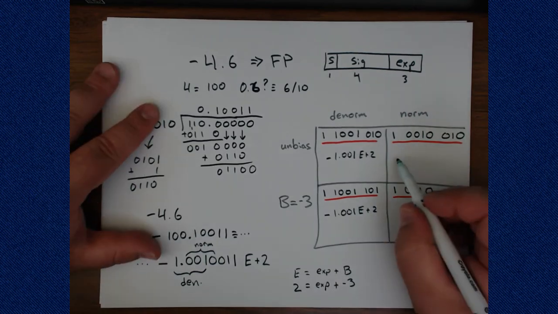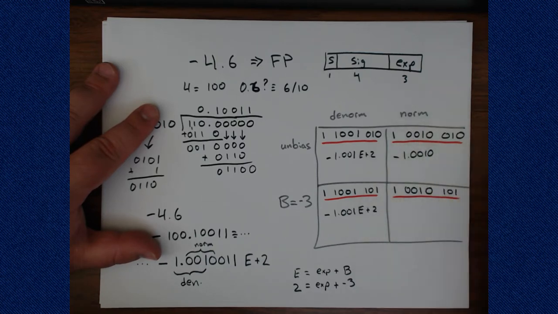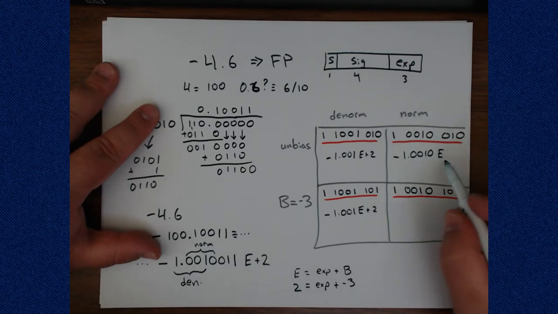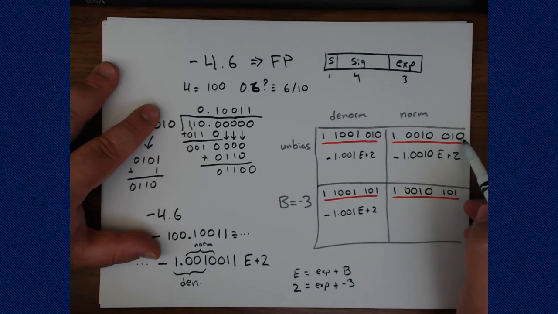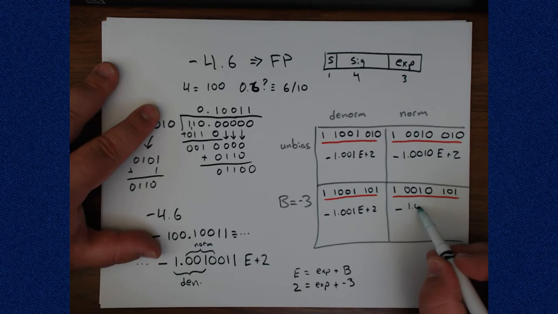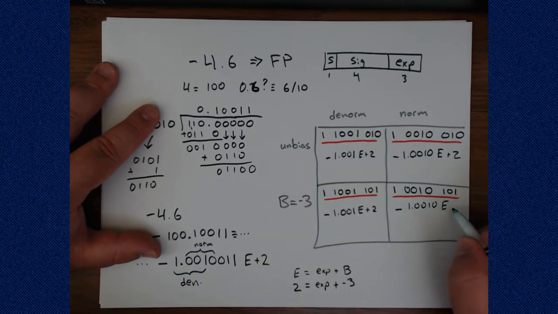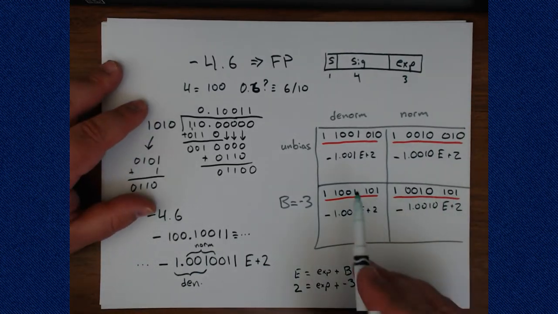Up here, we've got a negative value and a normalized significand, so it's 1 point, these 4 bits, and an exponent, again, of positive 2. Down here, we get negative 1.0010 e, and then we have positive 5 minus 3 for our bias, and that gives us positive 2. All right, so then we can apply each of those.